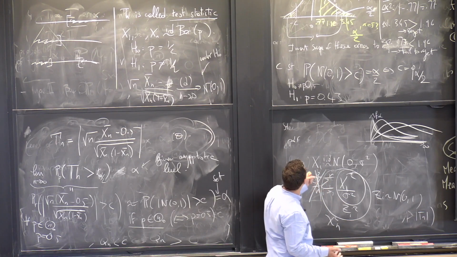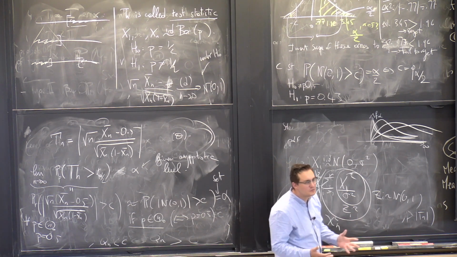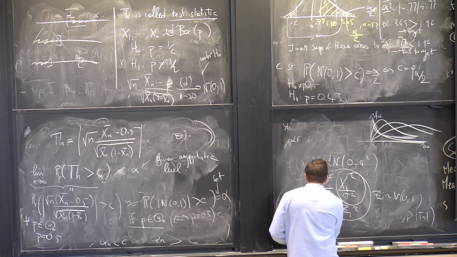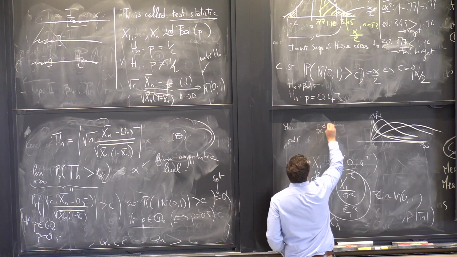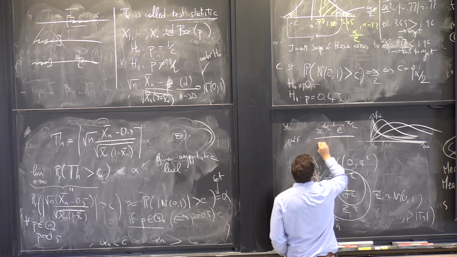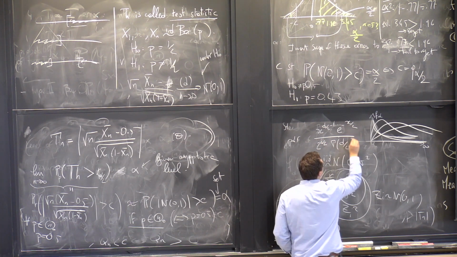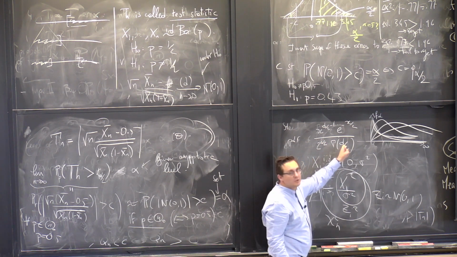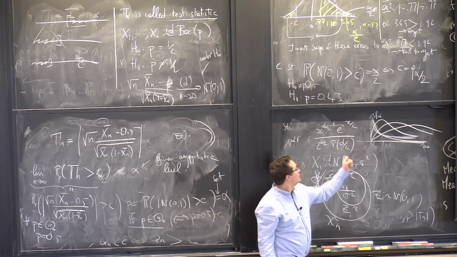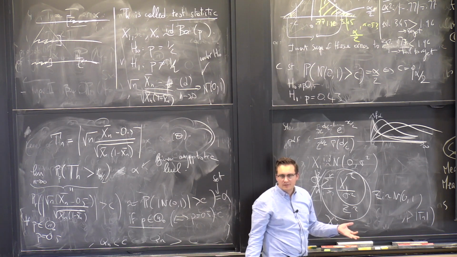if you look at what was here, I don't know if you took note, but let me rewrite it for you. So it was x to the d over 2 minus 1 e to the minus x over 2 divided by 2 to the d over 2 gamma of d over 2. So if I plug in d is equal to 2, gamma of 2 over 2 is gamma of 1, which is 1, right? It's factorial of 0.